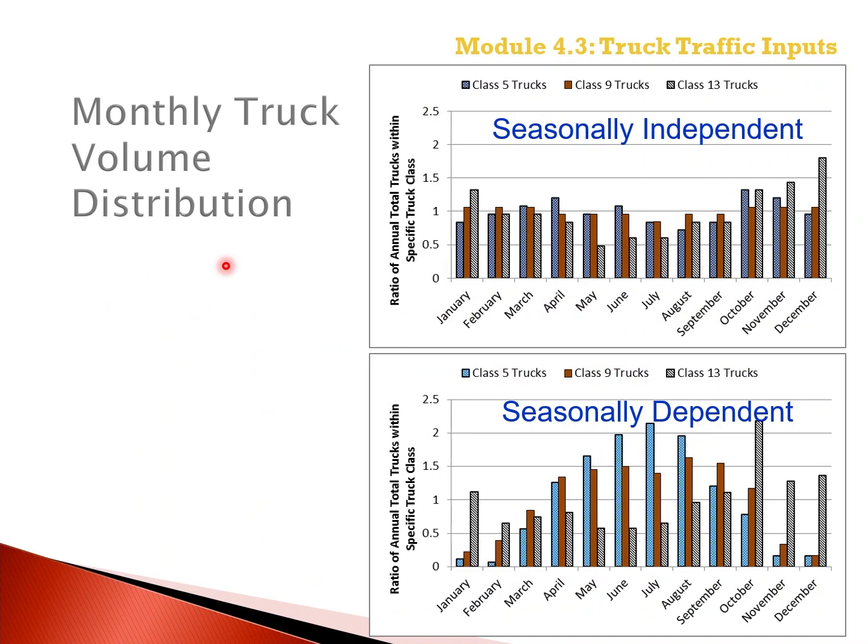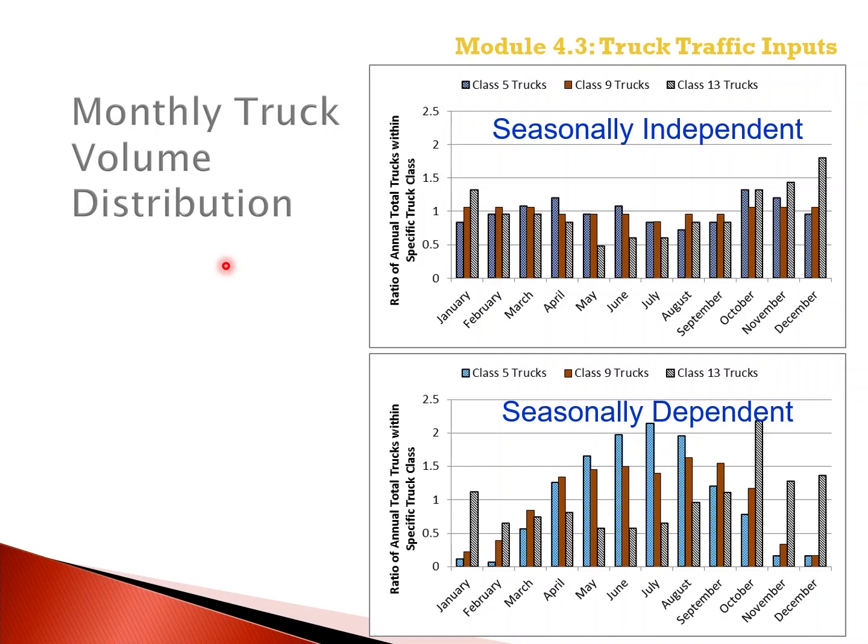Now, monthly truck volume distribution factors are the ratios of total annual trucks within a specific month on the average. The monthly truck volume distribution factors should add up to 12 for an individual truck class. The default values included in the MEPDG are 1.0, as we illustrated or demonstrated when we opened the software.